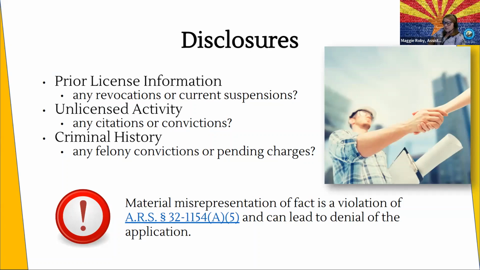We will also ask you to disclose if you have any felony convictions or pending charges. This is going to be in the disclosure section of your application. So you will mark those boxes or check them off as yes or no. And then if you selected yes to any of them, additional information would be requested from you at that time, such as a felony disclosure or an unlicensed activity disclosure form or a prior license disclosure form.